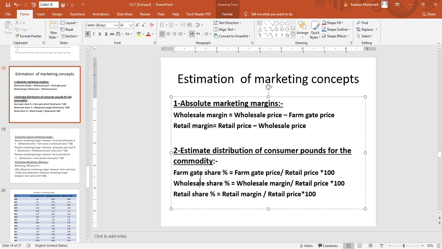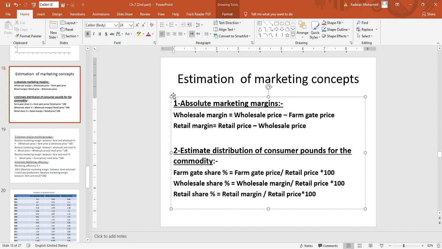If I want to calculate any share, I want to multiply by 100, since it is a percentage. Wholesale share is wholesale margin over retail price. Retail share is retail margin over retail price. All of them are divided by retail price multiplied by 100.